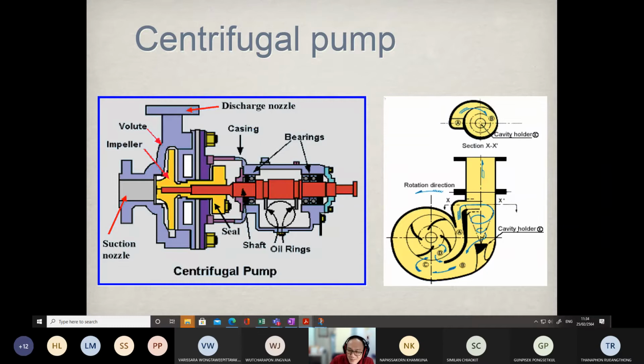At the center it's very low, but it increases near the casing wall whenever the impellers rotate.